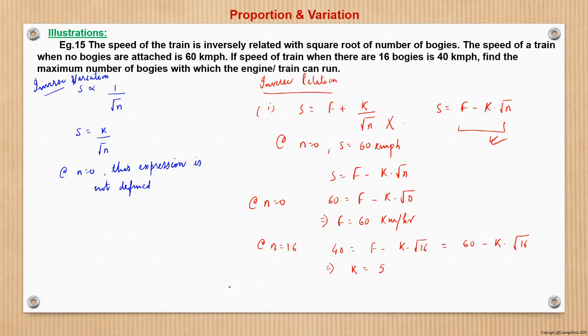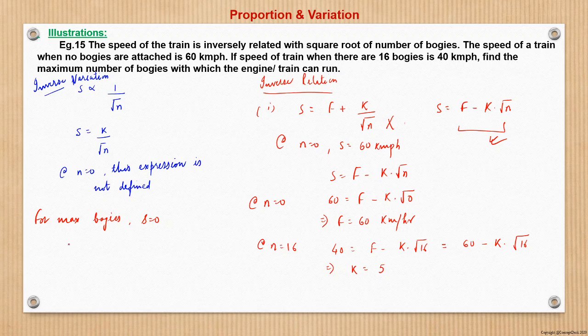Right. So now we have to find the maximum number of bogies for which the engine or train can run. For maximum compartments or bogies, it means that speed is equal to 0. I mean, when speed becomes 0, then it will be carrying the maximum bogies.